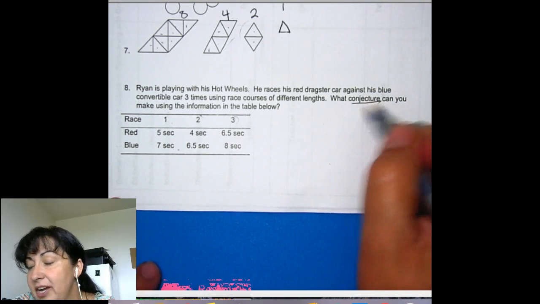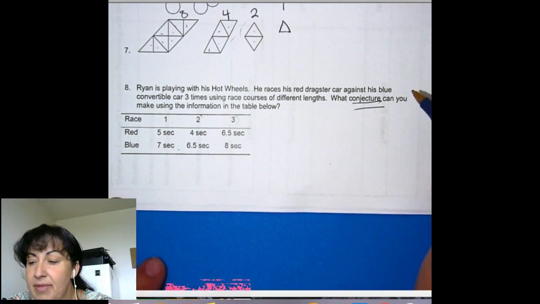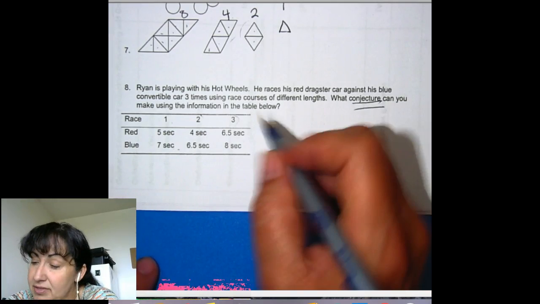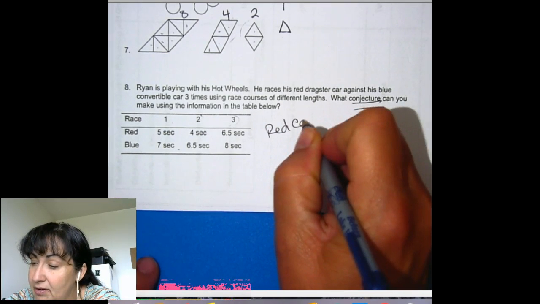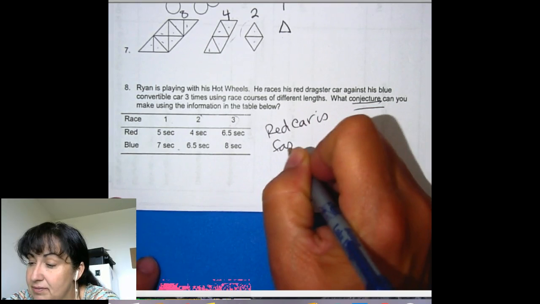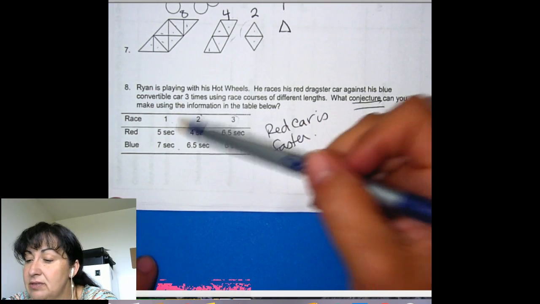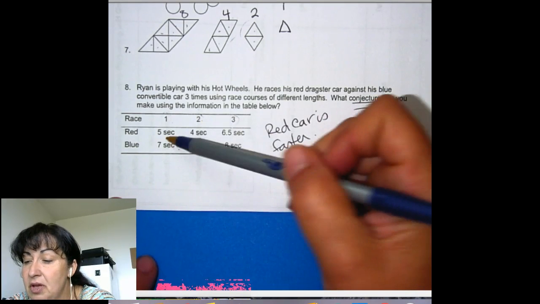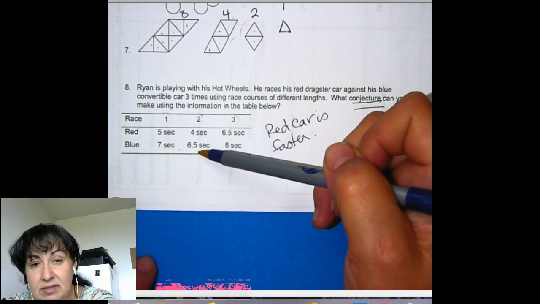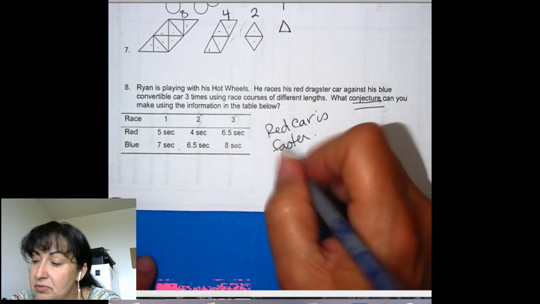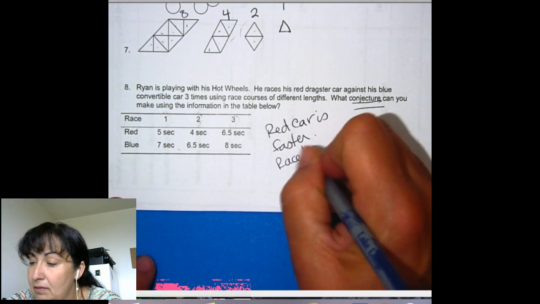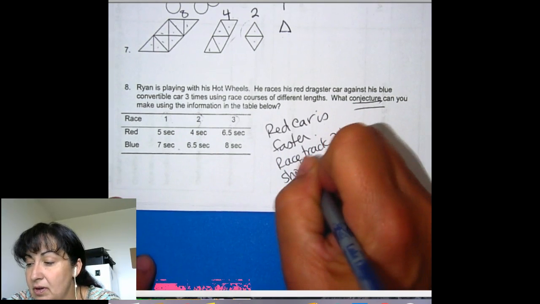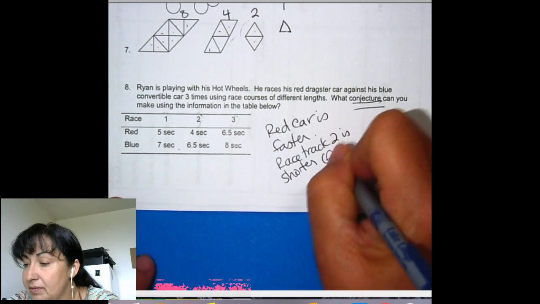So what kind of conjecture or what kind of conclusions can we make from that? We can say pretty confidently that the red car is faster. Since from racetrack 1 to racetrack 2, both of the times decreased, we could say that racetrack 2 is shorter or somehow faster, right?